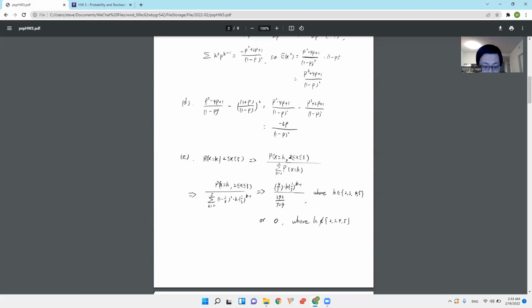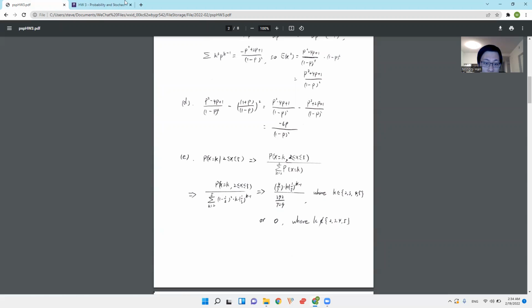We can first analyze the conditional PMF. It's just like taking the normal conditional probability, P of A given B is P of A and B over P of B, and the rest is just plugging the values in.